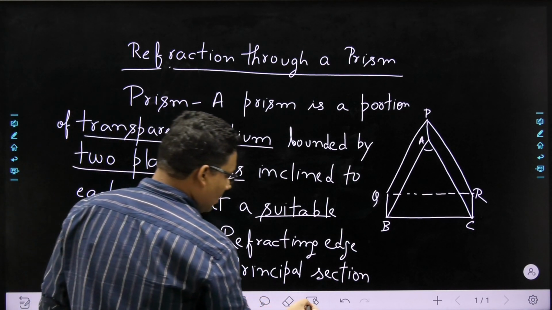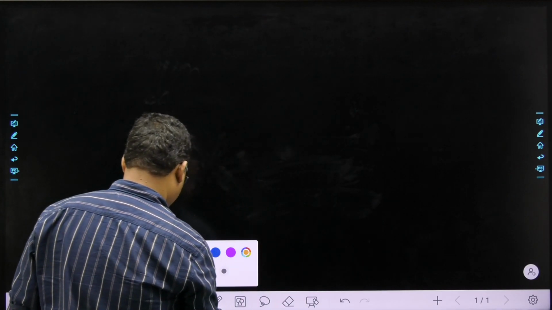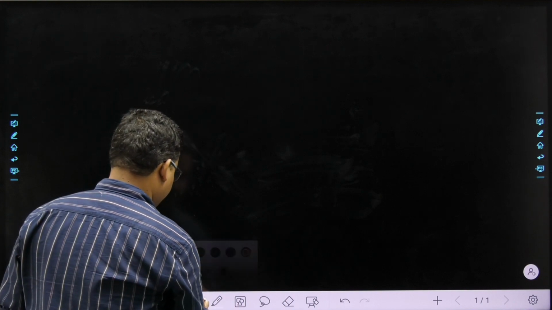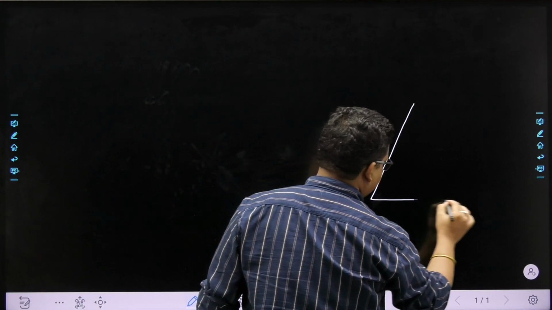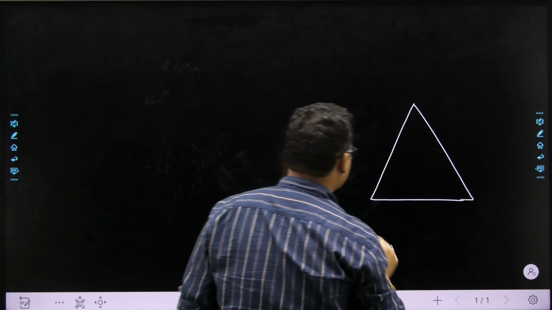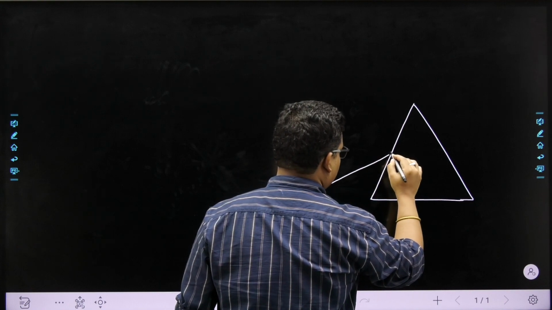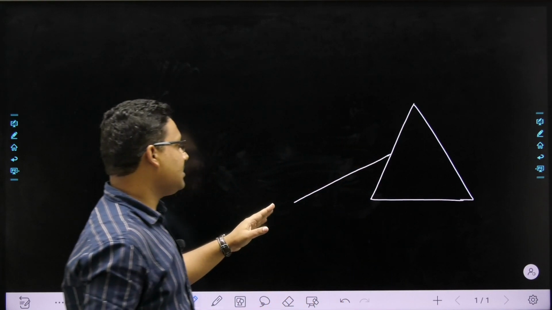First we are going to draw the diagram for refraction through a prism. Say this is the prism, and the angle of the prism is A. Now a ray is coming like this.